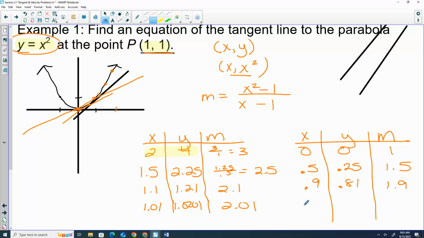Give me one more. What would be closer than 0.9? 0.99. Okay. So that would be 0.9801 if you did it that way. And we get 1.99.